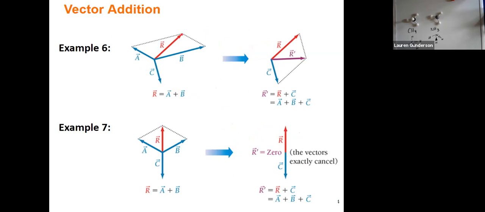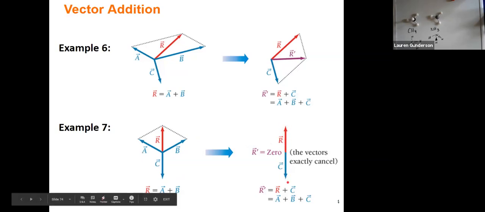Then to finish, you'll add the vector from your first addition with your remaining vector to get your final vector. In this case, if you have vectors A and B, that's your vector from that addition. Now, if we sum up vector C with our first vector addition, you'll see again we have a cancellation of vectors in this case.